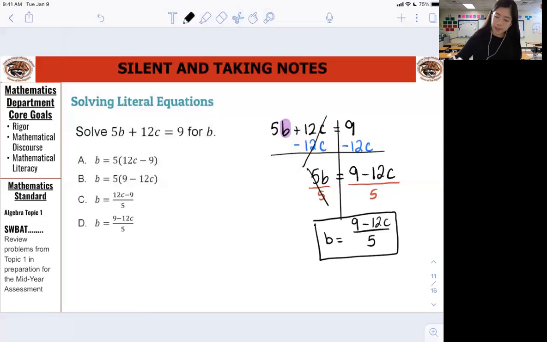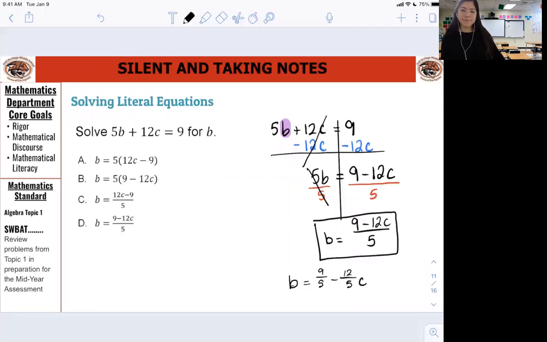You could write this as 9 over 5 minus 12 over 5. But look at your answer choices. What do you notice? There is no fraction with 9 over 5 and negative 12. So you always want to match your answer to whatever you have as your answer choices. So my answer would be answer choice D.